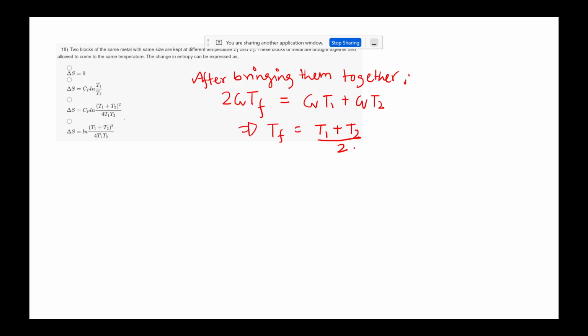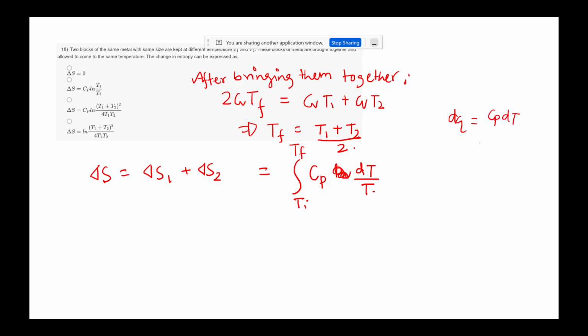Now we know the change in entropy delta S will be delta S1 plus delta S2, and this will be the integral from Ti to Tf of Cp dT by T, because the heat change dq is Cp dT and this is T dS.